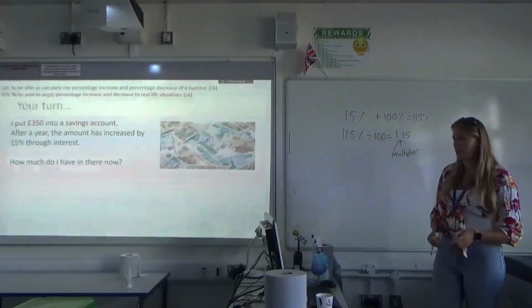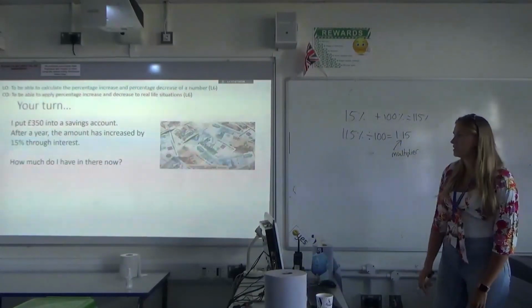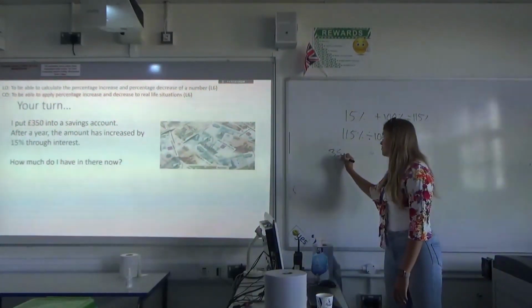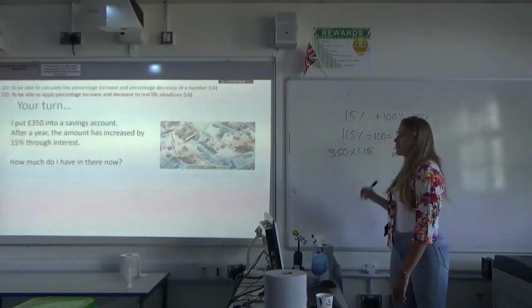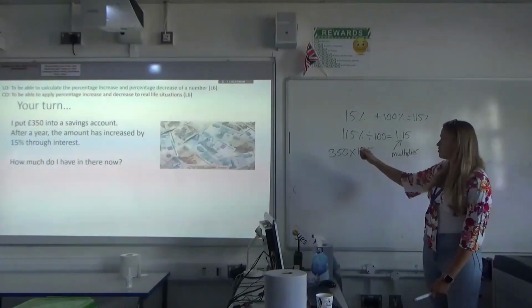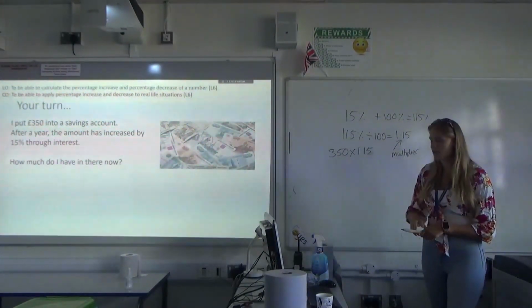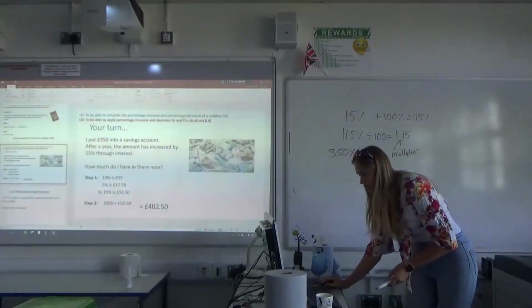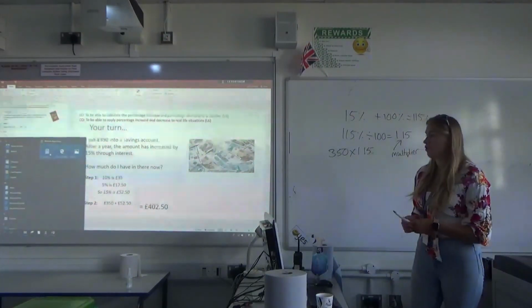Once you've found your multiplier, it's really simple. You just get a calculator up. You take the amount that you want to increase, so we're increasing 350, and you just times it by your multiplier. And the calculator will do it all for you. Okay, so if you've got a calculator, find your multiplier, and then it will increase it for you. Okay? So you can then type that in on the calculator, so just use the calculator you've got on your computer.